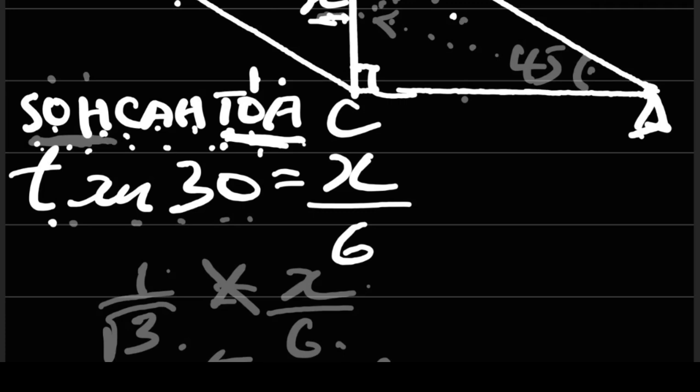Now we know the value of our tan 30, which was given earlier. The 30 is given, but it will not always be given to you, so you have to memorize it.